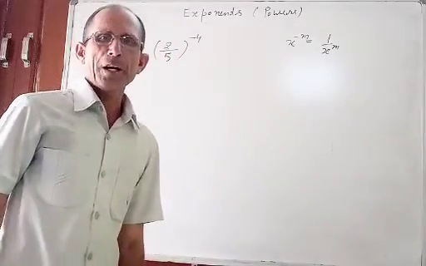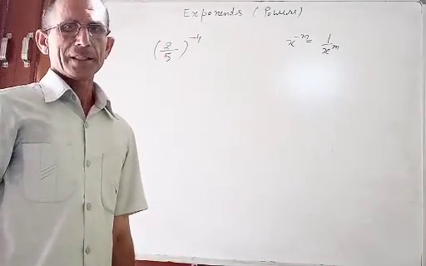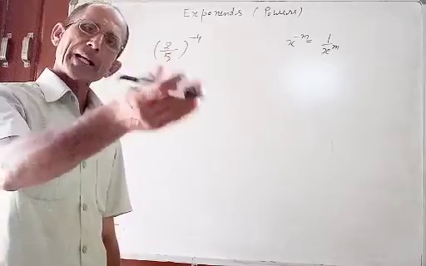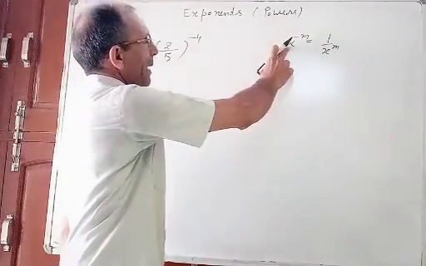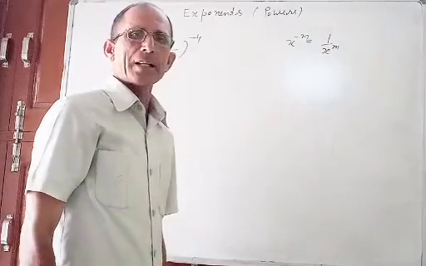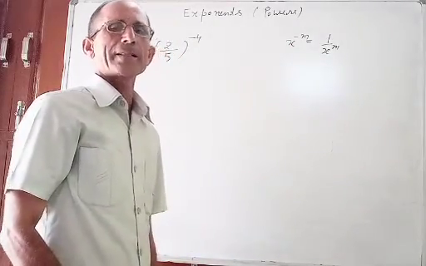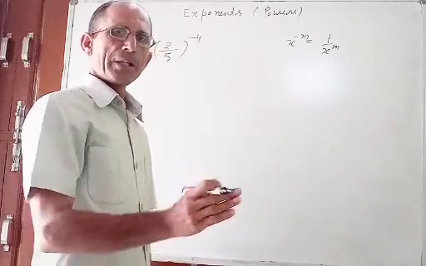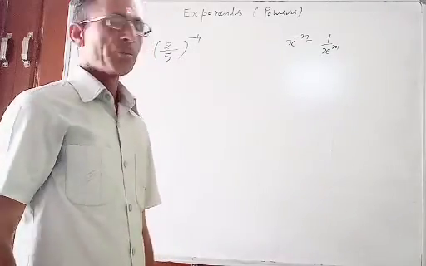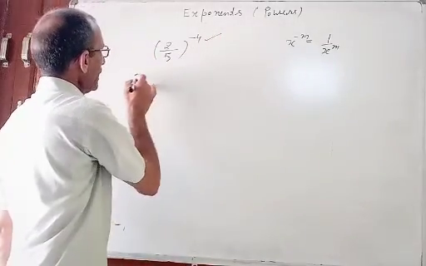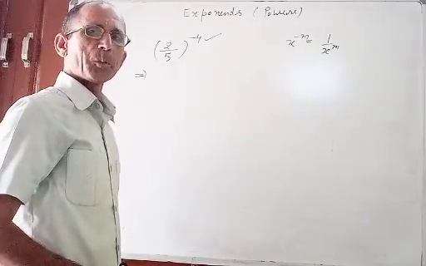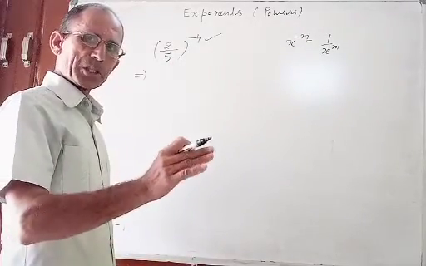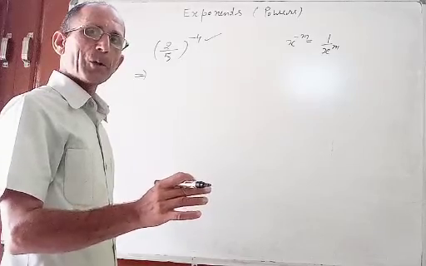If there is a negative power, we have to convert into positive, so take reciprocal. Clear? So negative power will be converted into positive. Same rule is here. Now this is negative power, so convert into positive by taking reciprocal.